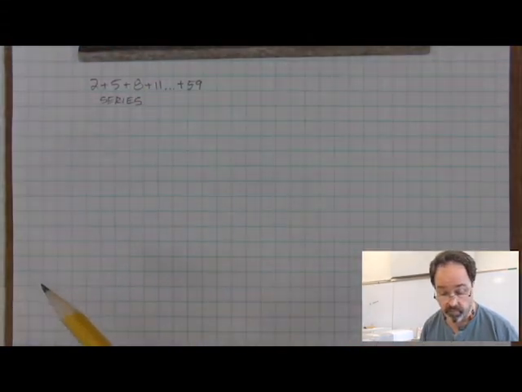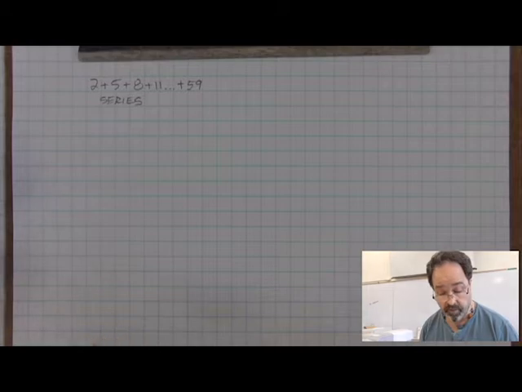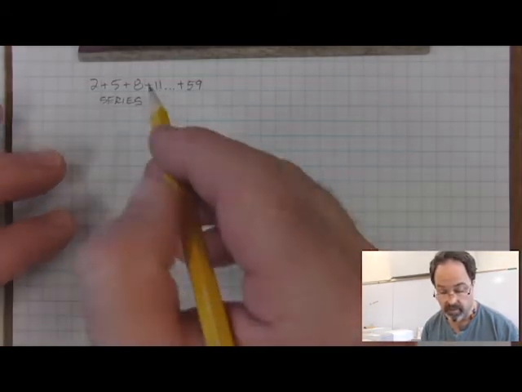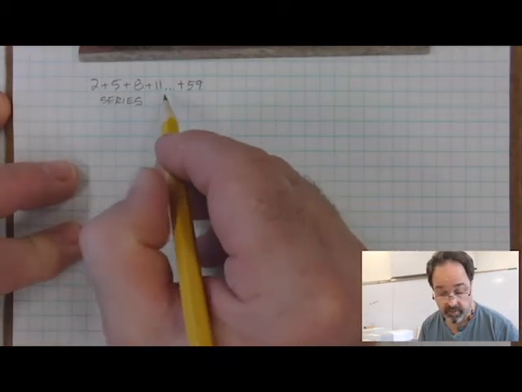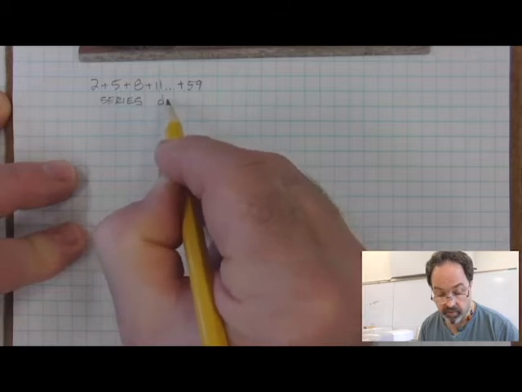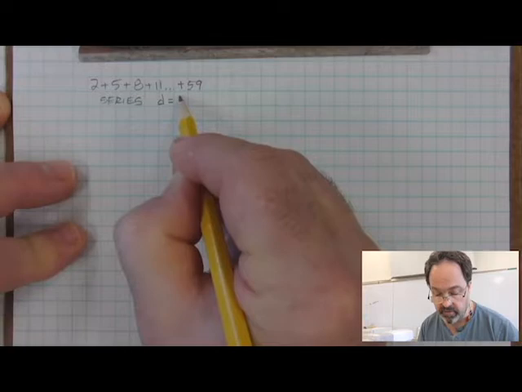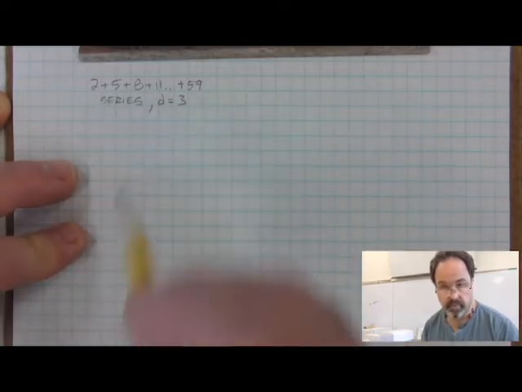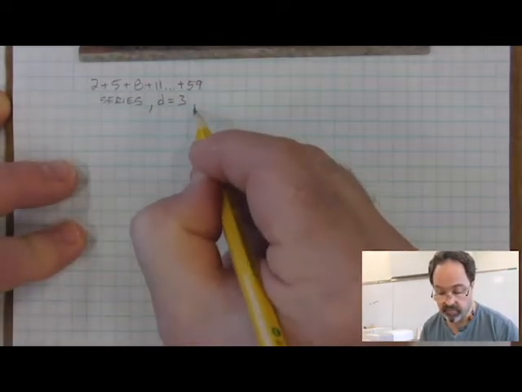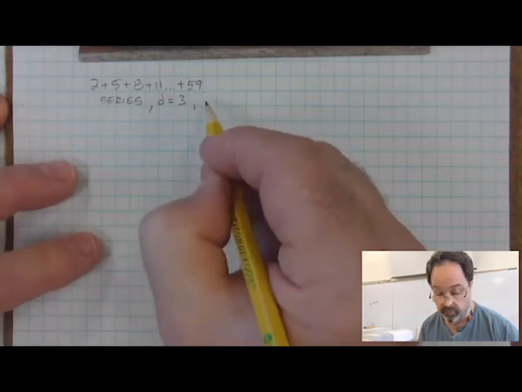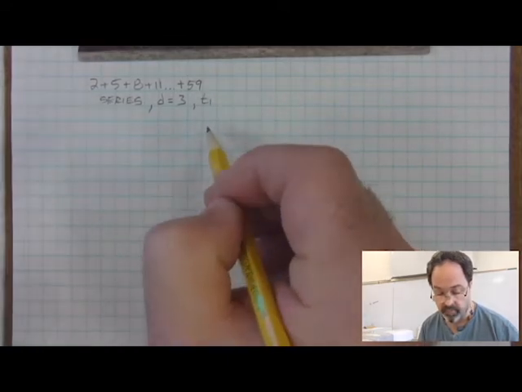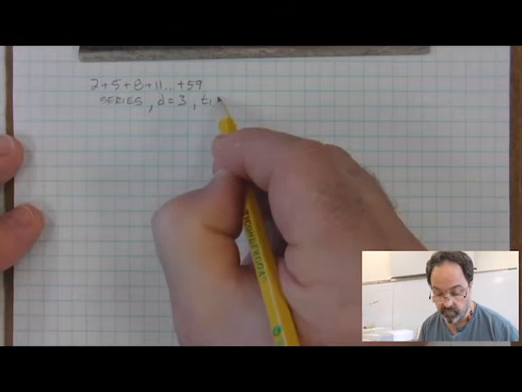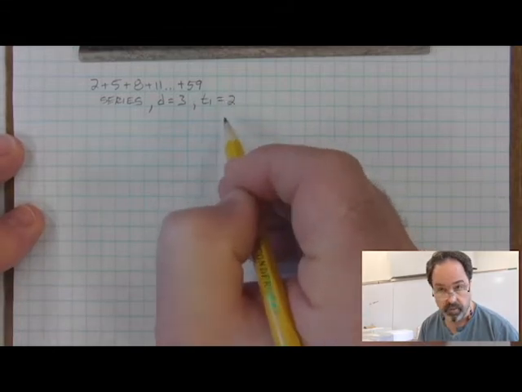We start with 2, we add 3 to get 5, we add 3 again to get 8. This series is arithmetic because the rule that generates the term values involves adding a constant difference, in this case, positive 3. We have a symbol to stand for the initial term value. T sub 1, the value of the first term, is equal to 2.